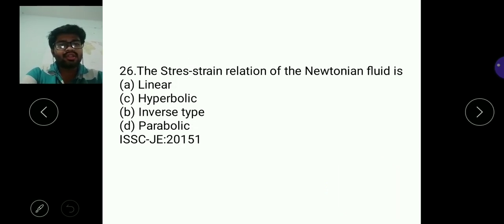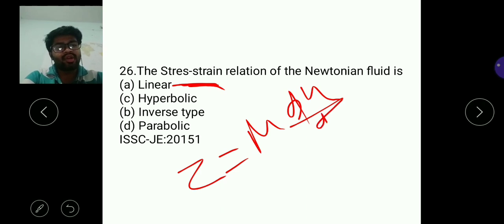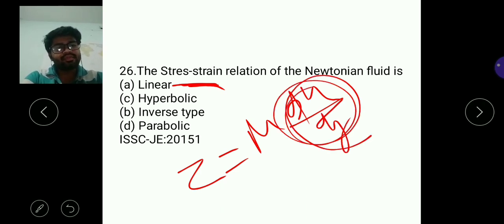Then moving next, the stress strain relation of the Newtonian fluid is given by, which type of relation is it? We know that shear stress tau is equal to mu du by dy, the velocity gradient.